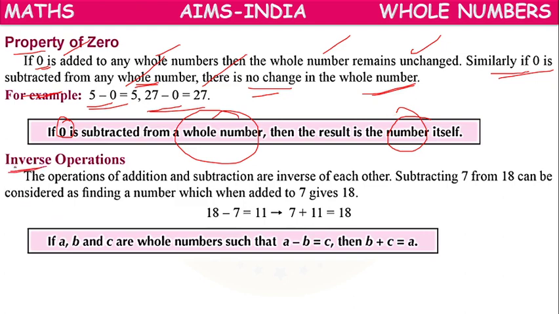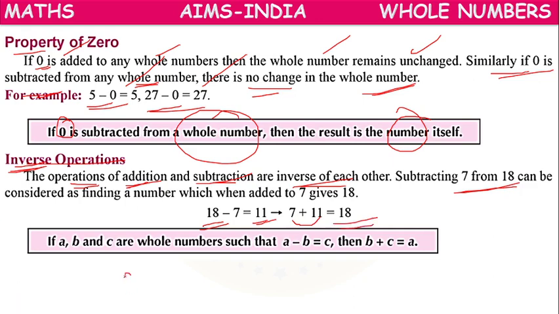Okay. Next, inverse operations. So already we have told operations of addition and subtraction are inverse to each other. Subtracting 7 from 18 is the same as adding 11 to 7. Both will give the same answer.